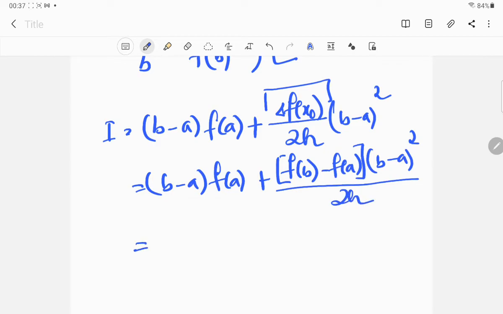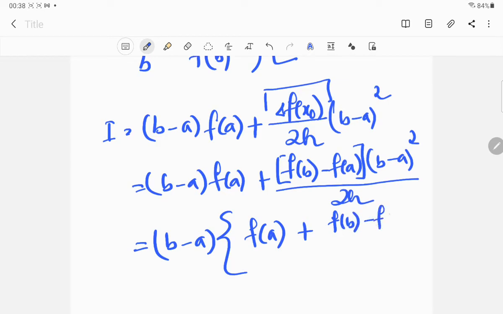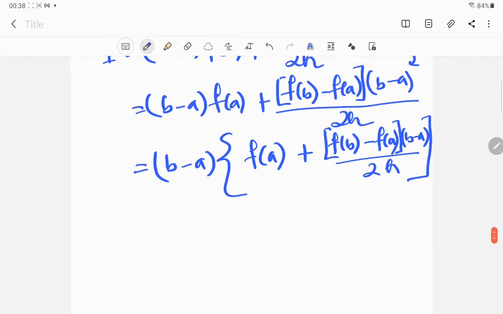So I think b minus a can be taken common, so it will be f(a) plus (f(b) minus f(a)) into (b minus a) by twice h.